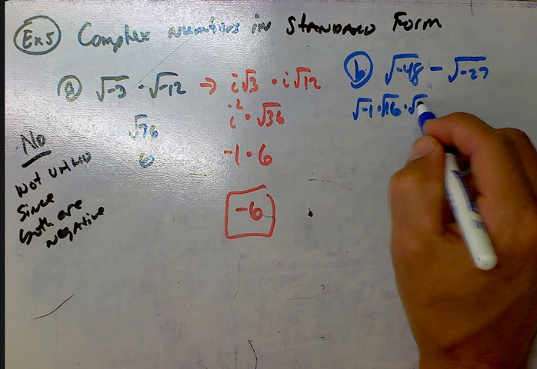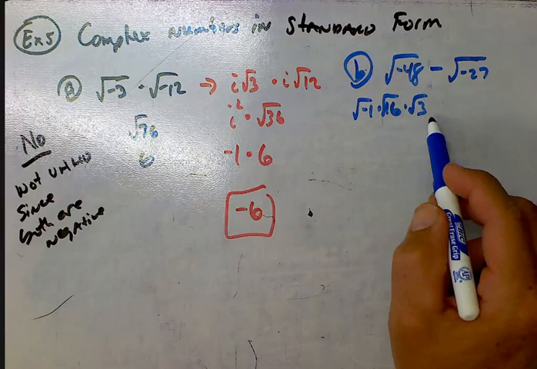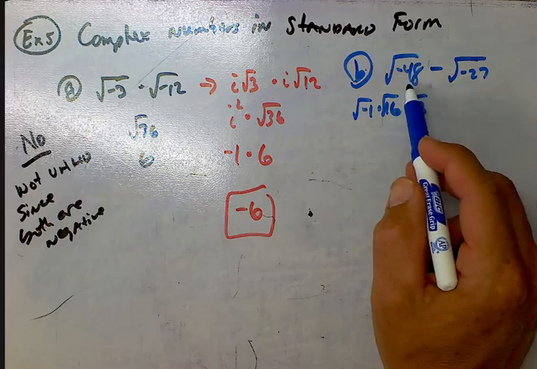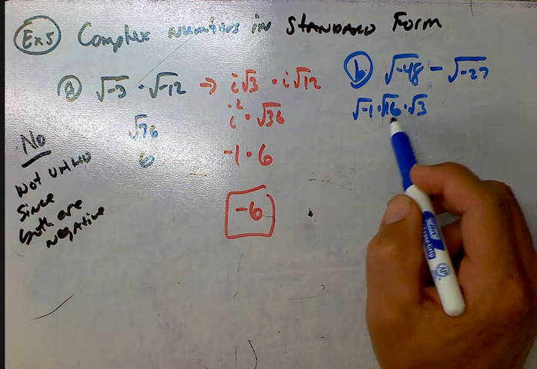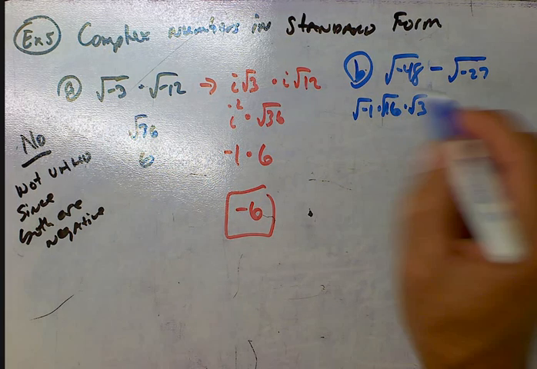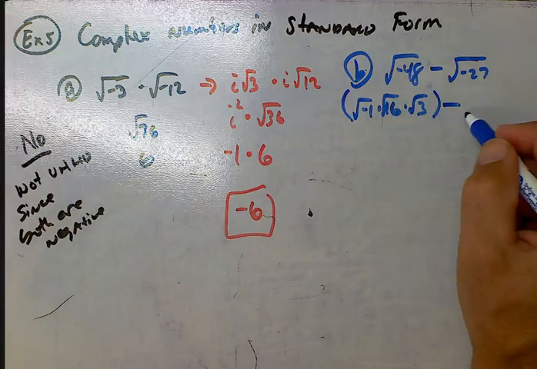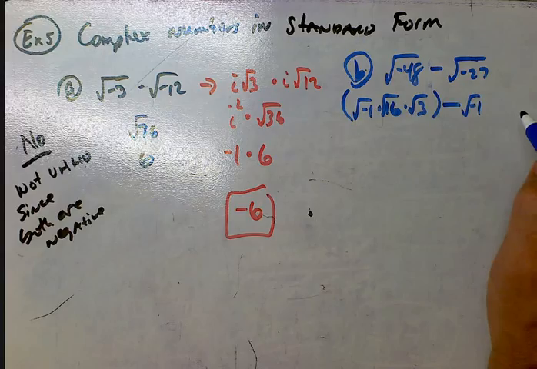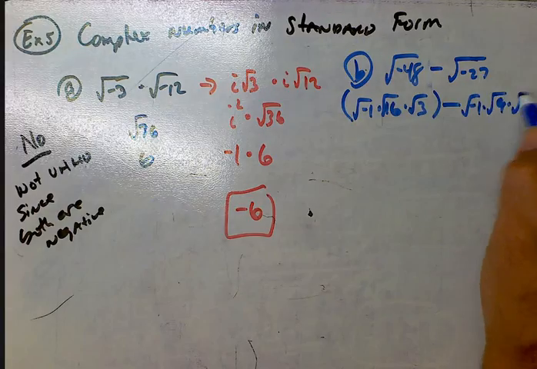Why? Because -1 times 16 times 3 is -48. Since it had a negative, I had to use -1. And 48 can be 16 times 3. I chose 16 times 3 because 16 is a perfect square. And then minus the square root of -27, you guessed it, -1 first. And then for 27, it's 9 times 3, so square root 9 times square root 3.